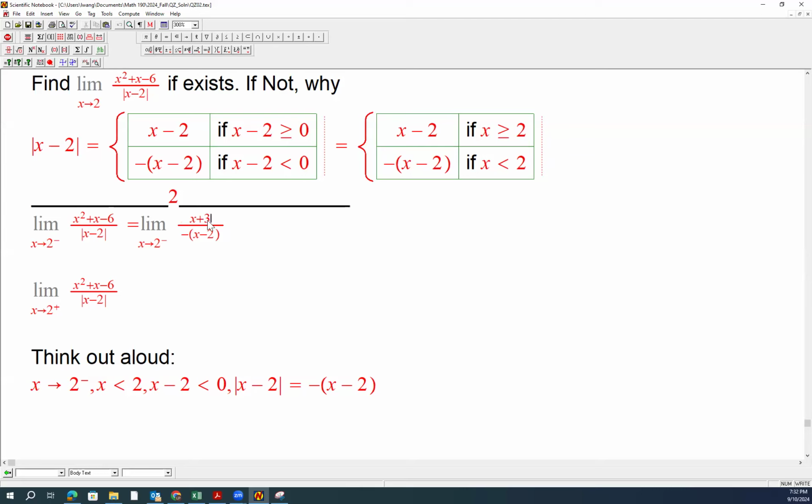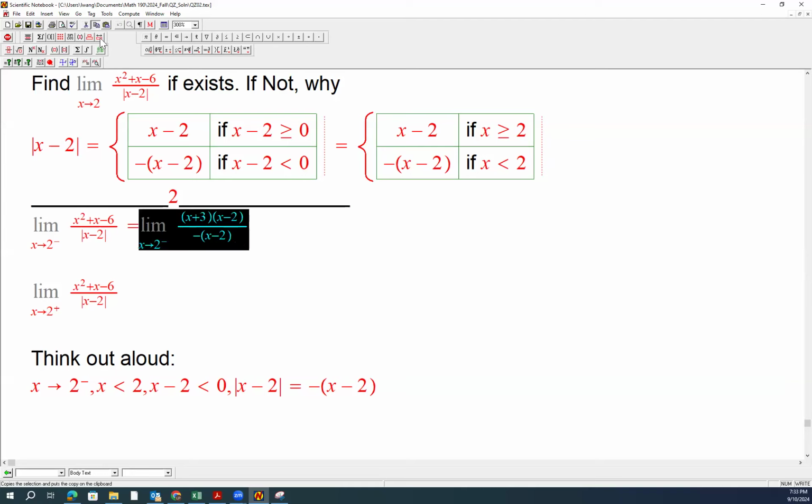Plus 3 times x minus 2. Okay, because x is approaching 2 from smaller than 2, and x is not 2, and x minus 2 is not 0, so these two can be reduced. So we'll be left with negative x plus 3.